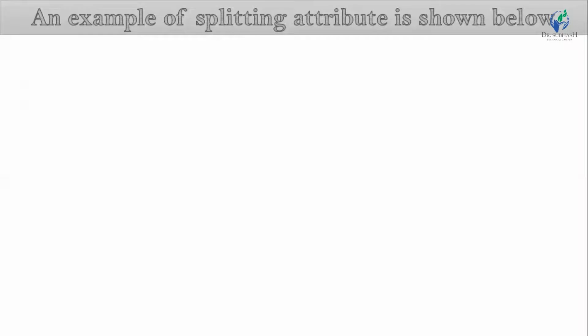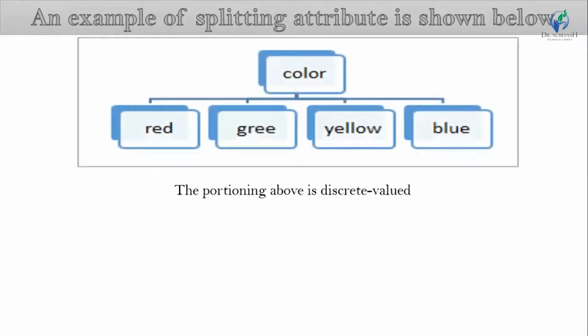I will explain this with an example of splitting attributes. First, the partition is on a discrete value. For example, we have an attribute like color at the root, and it can divide into red, green, yellow, blue. These are the characteristics of color.